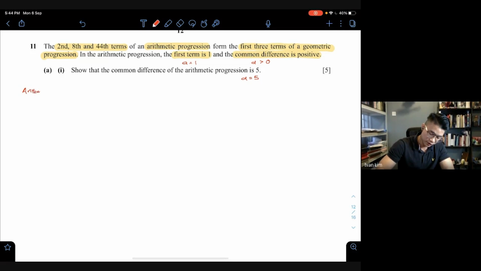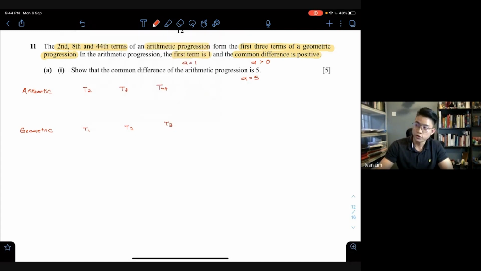So for the arithmetic progression, my T2, T8, and T44 terms have the same values as the first 3 terms of my geometric progression, which are T1, T2, and T3. What's my formula for arithmetic? Tn equals a plus (n minus 1)d.